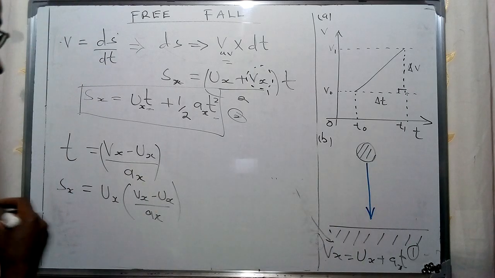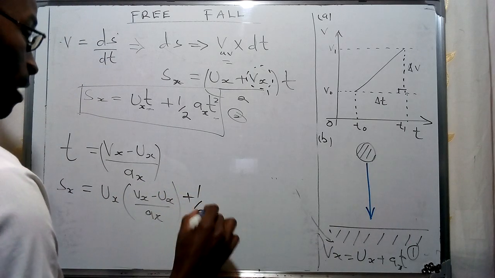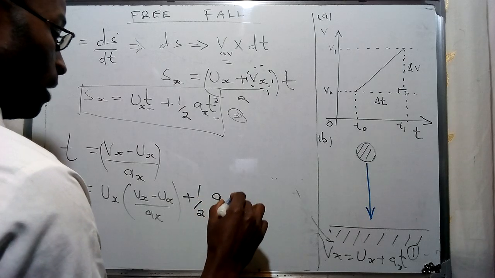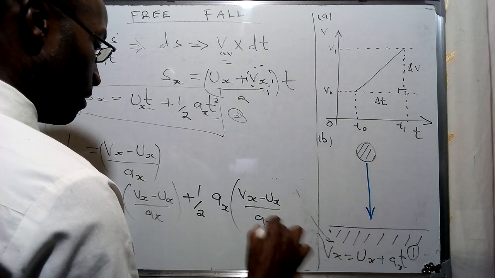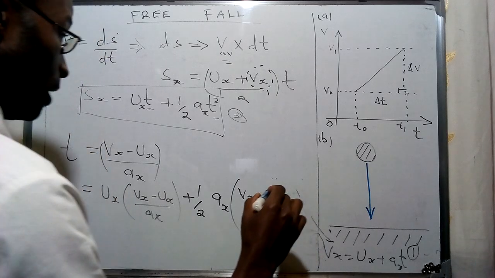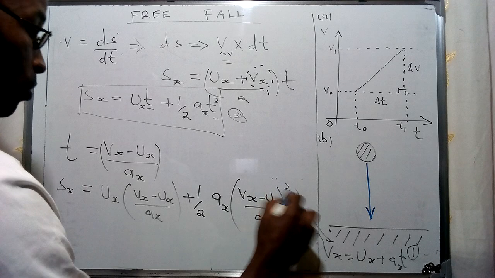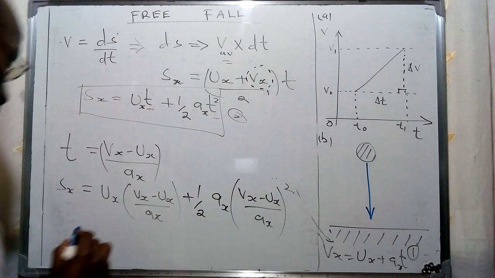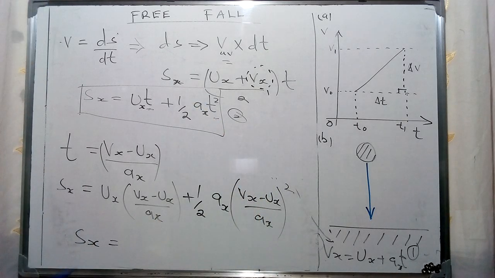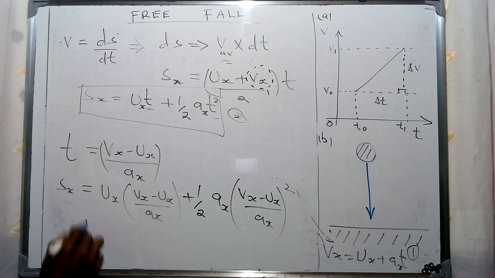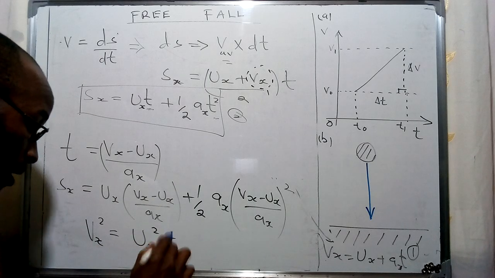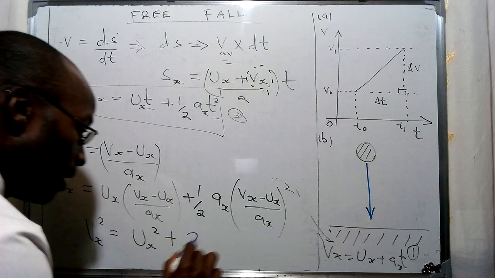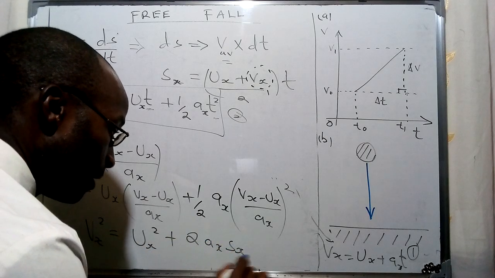Then we have this plus a half Ax, with t given as Vx minus Ux all over Ax, and then squared. So this is going to be t squared, and this forms our Sx. Or rather, in evaluating this, we have Vx squared equal to the square of the initial velocity plus the product 2 Ax Sx.